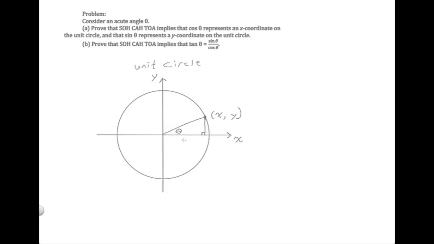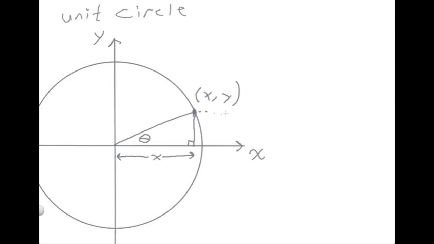Well, you can see that that distance is x, the x-coordinate. The x-coordinate tells us that distance. And what is this distance? Well, isn't that y, the y-coordinate? So this distance is y.